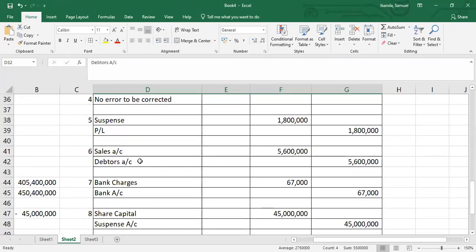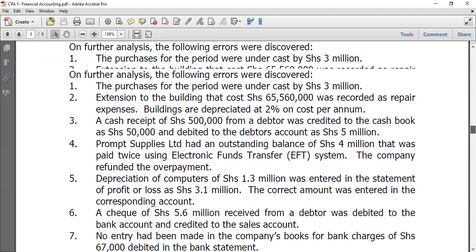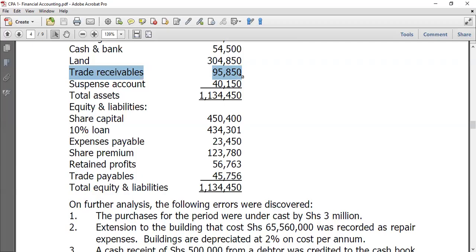Then I also have another credit of 5.6. So I'll again adjust it, reduce it by 5.6. So at the end of the day, the trade receivables that I'll remain with will be the 95 less the 5.5 less the 5.6, because each of the errors that I was correcting, I was crediting them. So that's what I'll have.